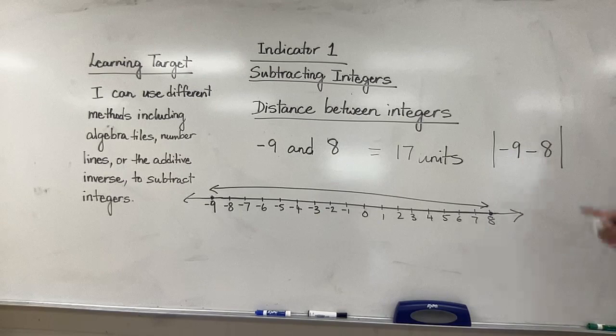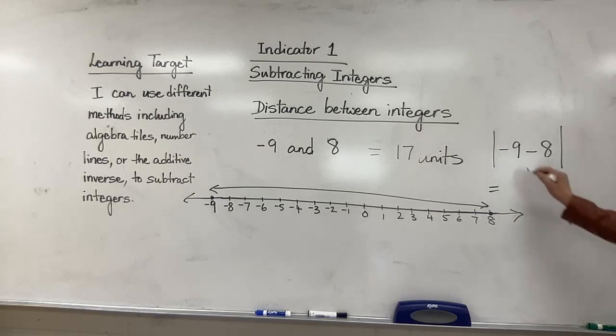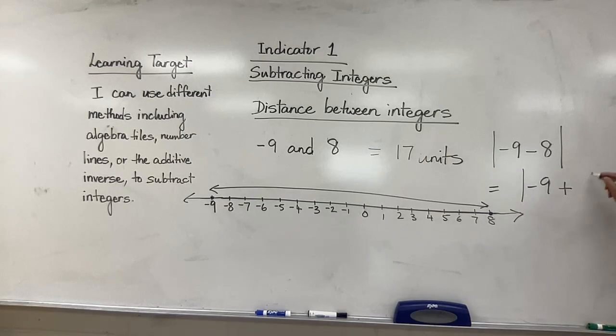And this is nothing but saying I have the absolute value of -9 plus the absolute value of -8, right? And so the absolute value of -17 gives me 17 as my answer.